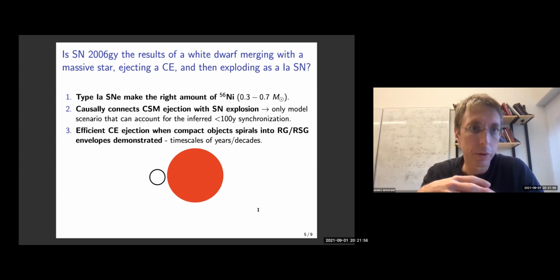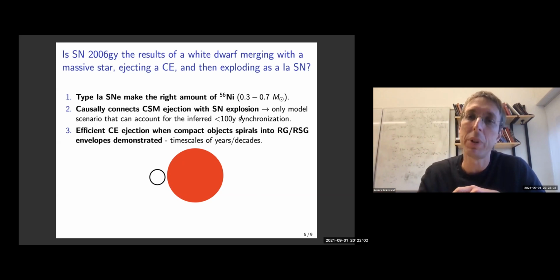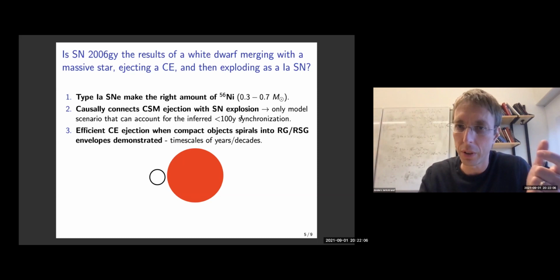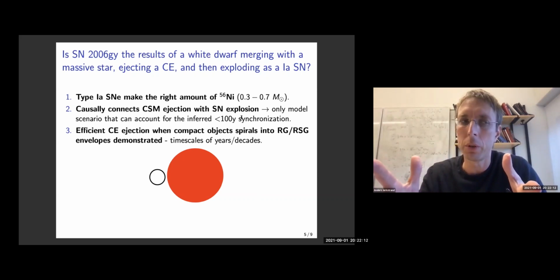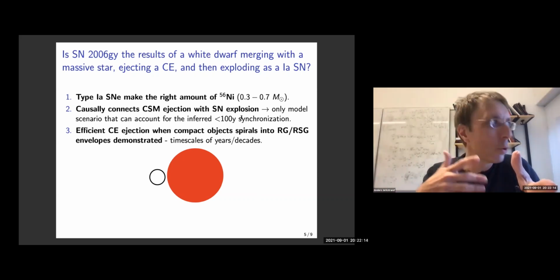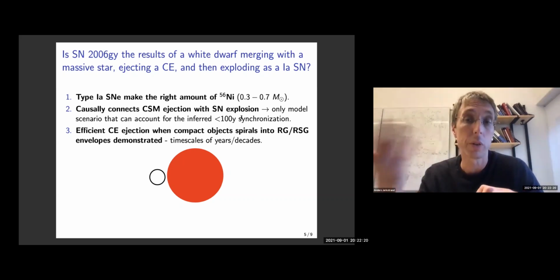So we have the right amount of iron, and importantly, we have an explanation now. Why is this happening within a century of creating this massive CSM? There is no such synchronization mechanism in massive star scenarios. There are no known physical links that create massive eruptions of that order with core collapse.